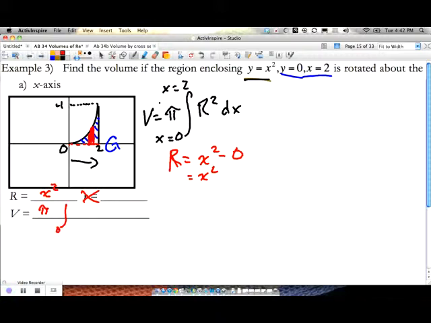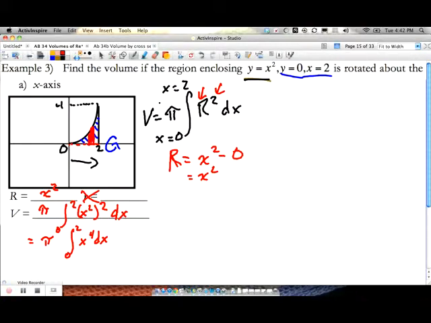So our volume is going to be pi times the integral from 0 to 2 of x squared squared. Why? Because it's R squared, and R is x squared, but this is R squared squared. If I needed to simplify that, I could just say it's pi times the integral from 0 to 2 of x to the 4th dx.